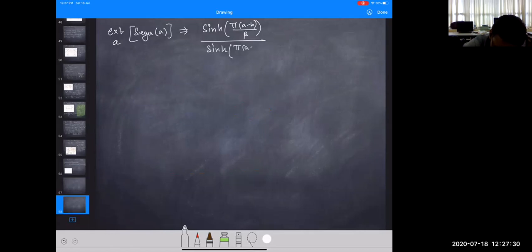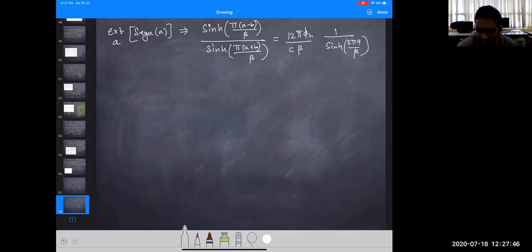Nonetheless, let me write it: equals 12 pi r by c beta times 1 upon sinh of 2 pi a. The solution to this equation is the a extremal, but the point is it's very hard to solve.